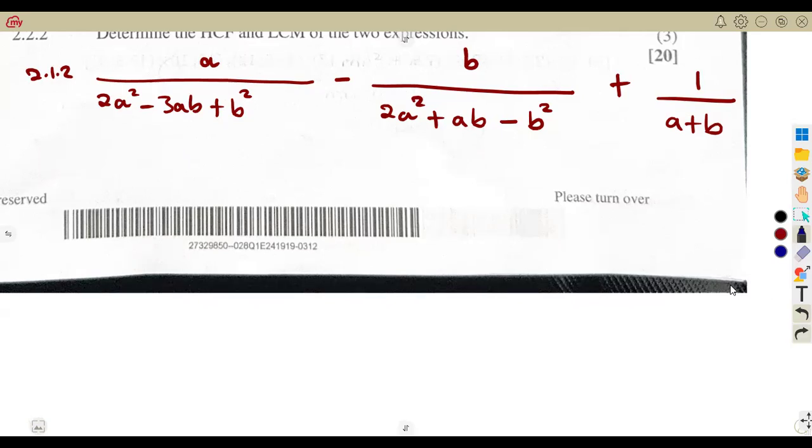So in this case, we can see that the coefficient of our terms, this part of a squared, is not 1. That's a 2 there. So the factorization, to have our brackets in an easier way, can be complicated unless you know any shorter ways of factorizing.